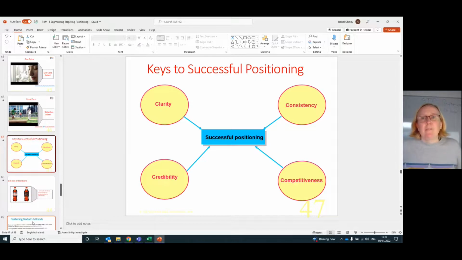So keys to successful positioning are clarity, consistency, credibility, and competitiveness. So consistency: everything we communicate to the customer has to be in keeping with that general vibe that we're trying to give out. So Nike's Just Do It campaign, where they're trying to put out a vibe that anybody, whether you're a couch potato or an Olympic athlete, can just wear these runners and get out there and go running.